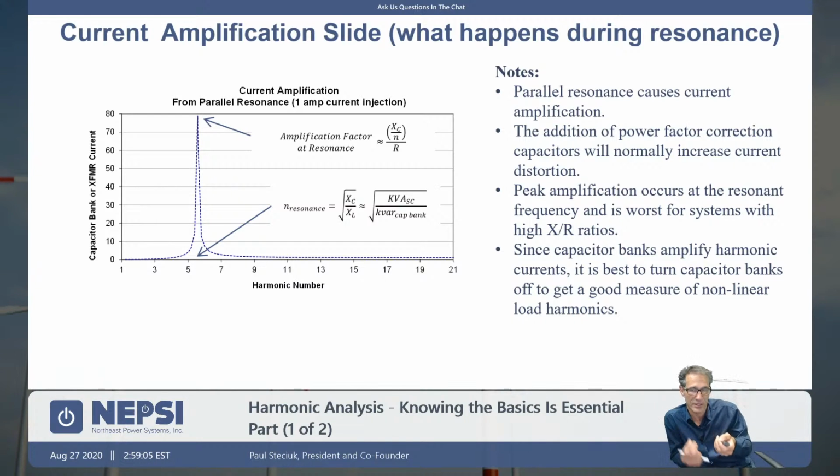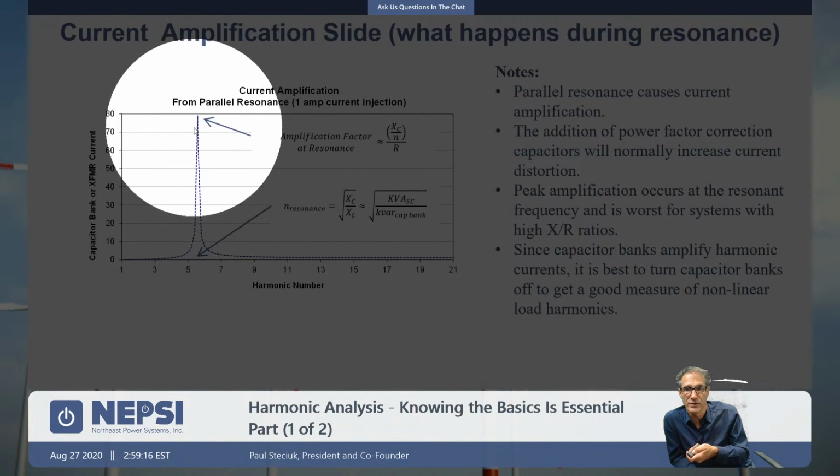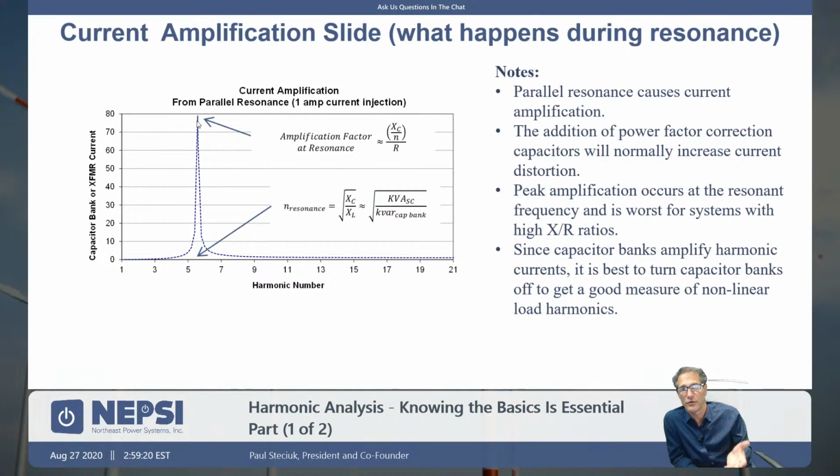It's the same thing at that point because it's a tank circuit. And I measure, what is the current amplification? For 1 amp of injection, at this frequency I could get up to almost 80 times. And this is why when you have harmonic resonance, capacitors blow their fuses. They blow their fuses because the current is amplified.